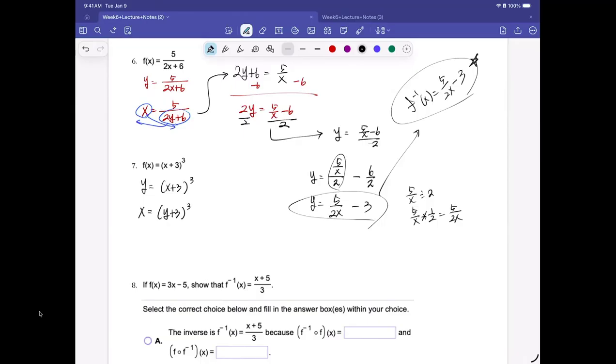So how do we solve for y? We're going to put the cube root on the left side and on the right hand side. And then you're going to get the cube root of x is equal to y plus 3, because the root is gone. So y is equal to the cube root of x minus 3. So f inverse of x is equal to the third root of x minus 3.